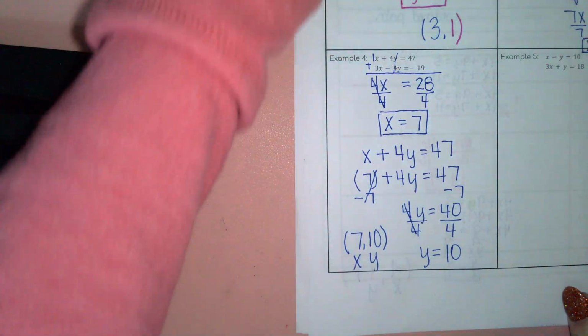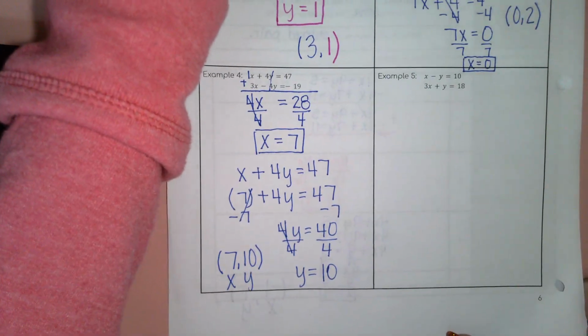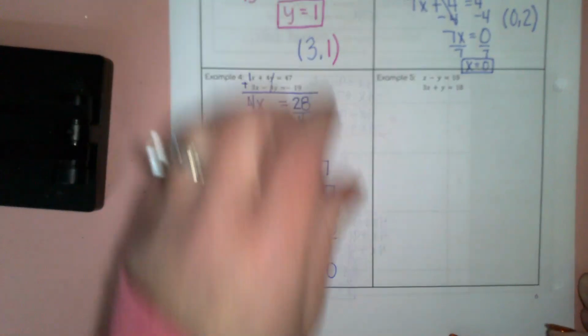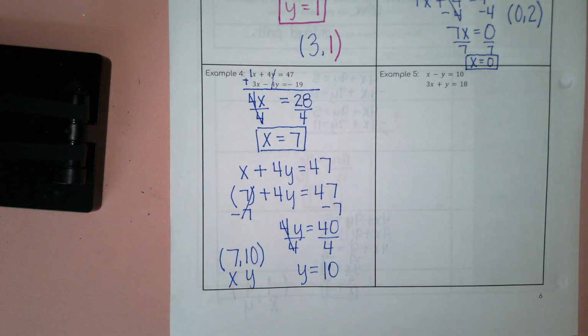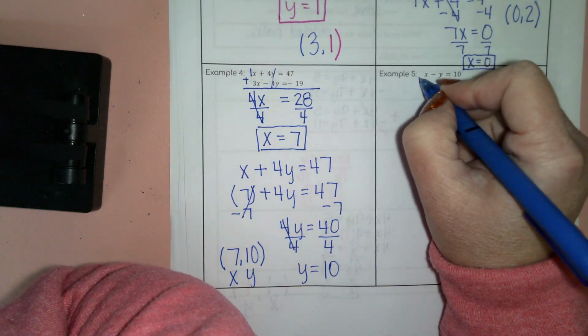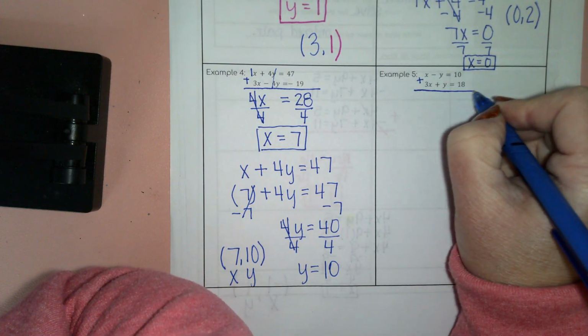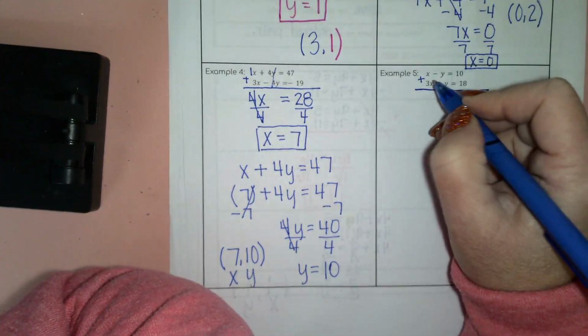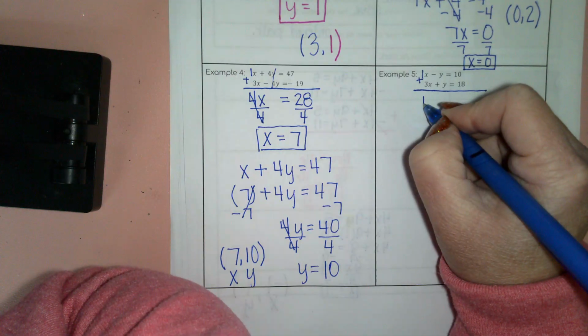All right, last example for the day. We have example 5. My x's are lined up, my y's are lined up, and my constants are lined up. So that means we're going to add the two equations together to get rid of my y's because they're already opposite signs. So 1x plus 3x's is 4x's.